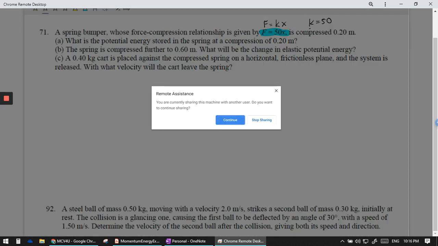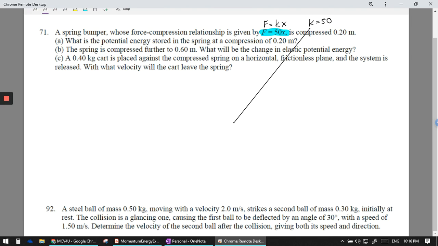Okay, let me erase that. And so k equals 50. Now, we've got an x here, and they want to know the potential energy in part A. Well, the elastic potential energy is equal to 1/2 kx squared. So it's basically just going to be 1/2 times 50 times 0.2 squared.